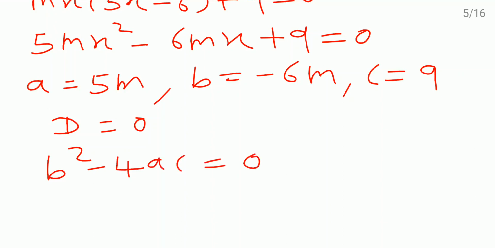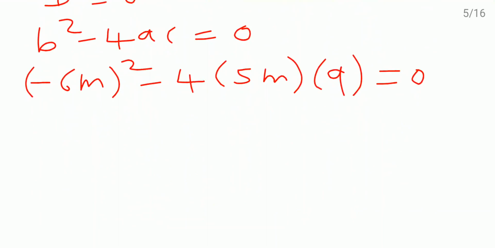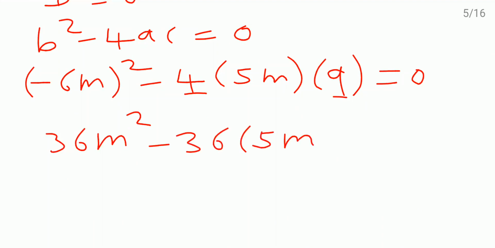B means minus 6m, the bracket square, minus 4, A is 5m and C is 9, equal to 0. We'll make a square here. So it is 36m square minus 4 nines are 36, in the bracket I am keeping 5m as it is, equal to 0.